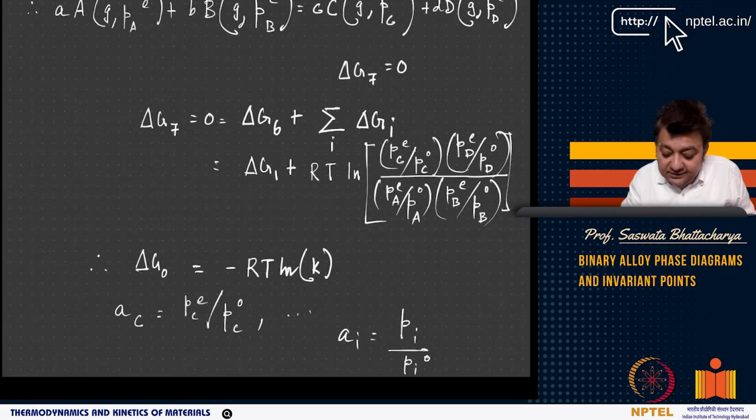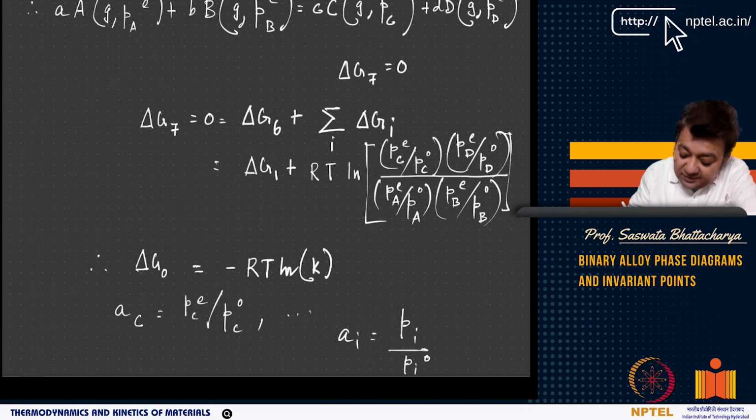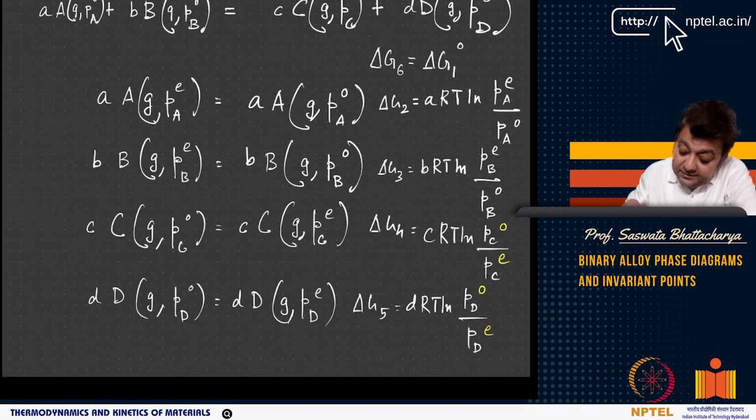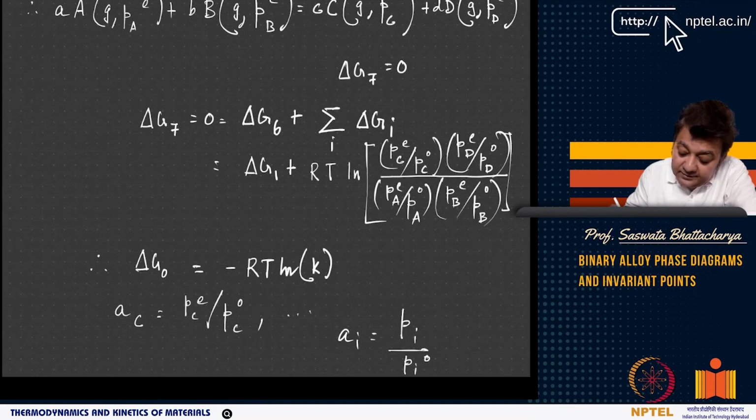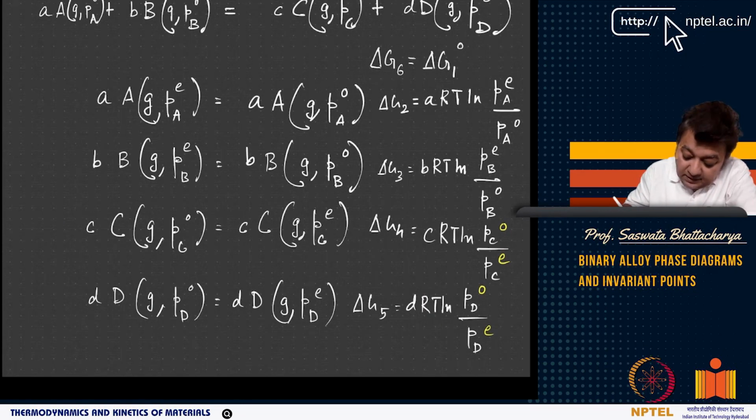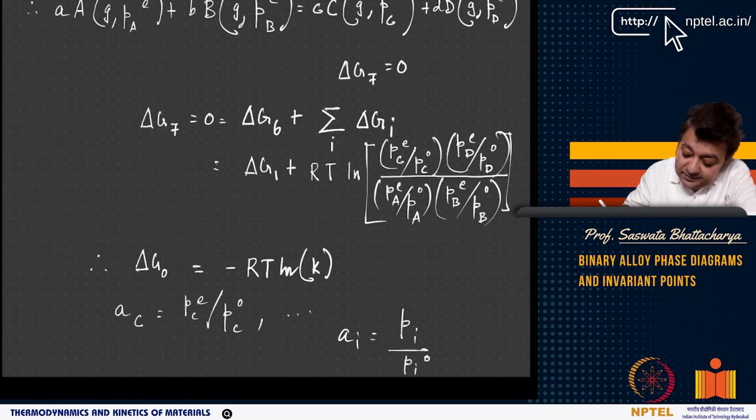So delta G6 is nothing but delta G1 plus RT ln PC equilibrium by PC naught, PD equilibrium by PD naught, right? And delta G1 equals minus RT ln K. So PC equilibrium by PC naught, and this will also be PB naught by PB equilibrium, right?